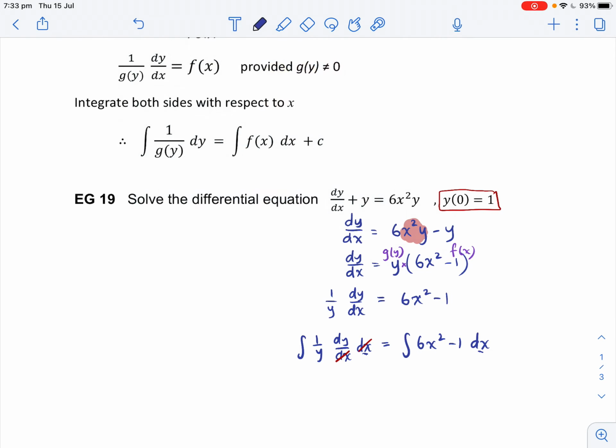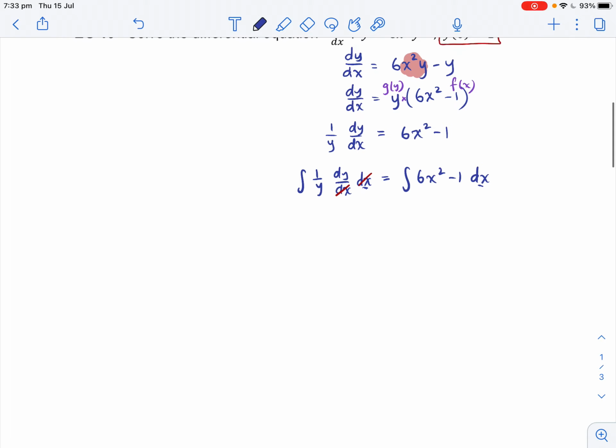My expression now is just find the integral of 1 on y dy on the left hand side, and find the integral of 6x squared minus 1 dx on the right hand side. So this one's a log, and this one is, no, it would be 2x cubed minus x.